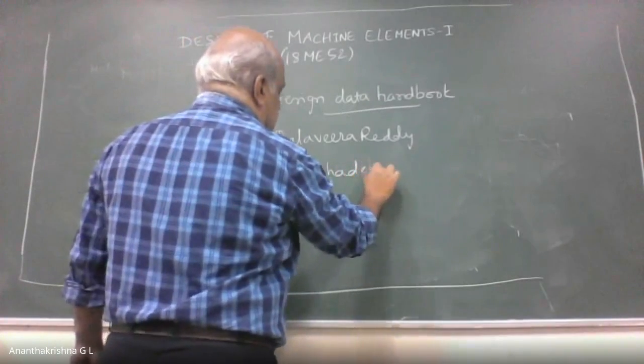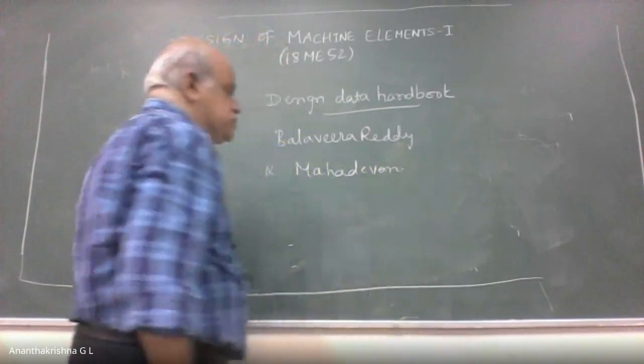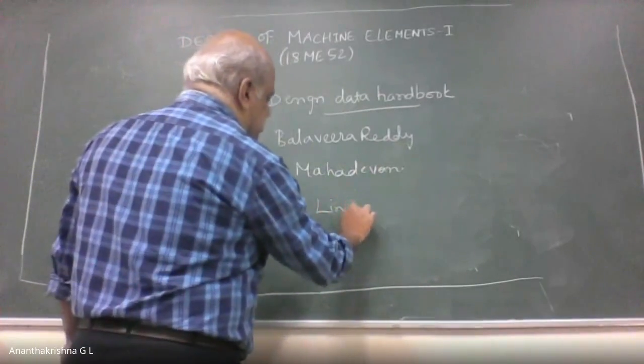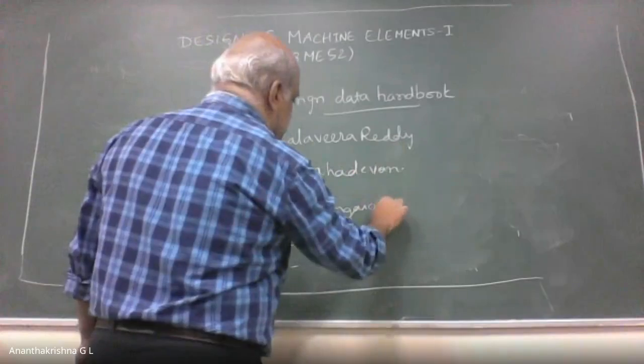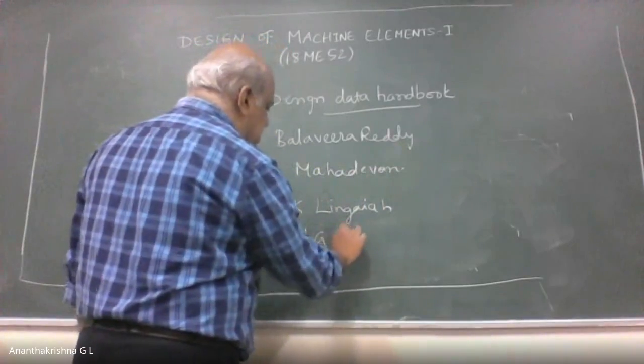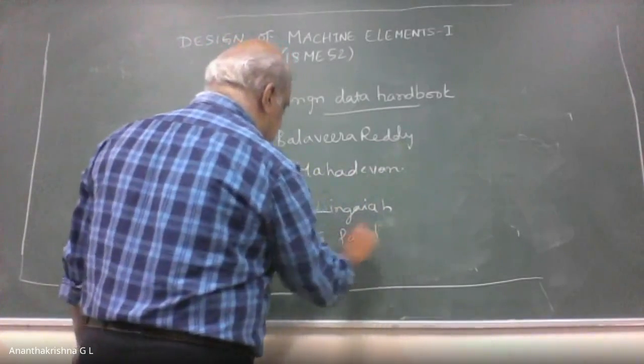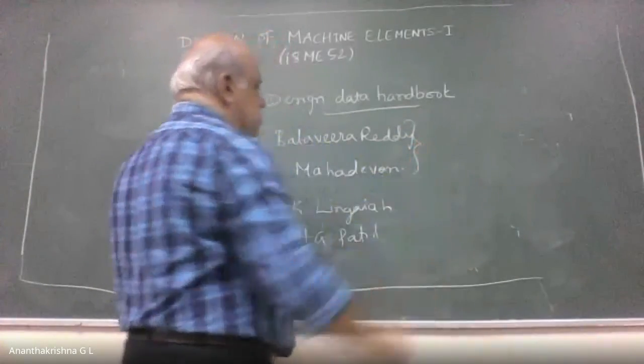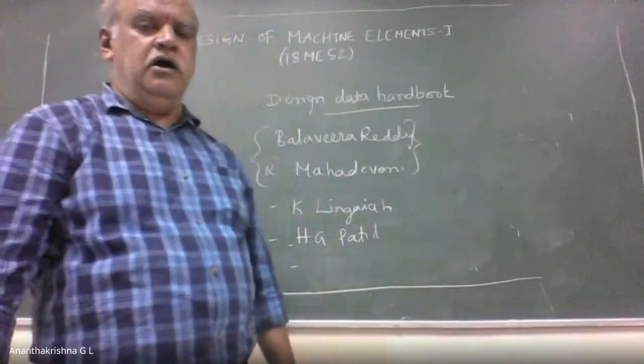And there are other books by Professor K. Lingaya, a data handbook is there. And then we have got H.G. Patil, and then we have got PhD textbook also. But what we use essentially is Balveera Reddy Mahadevan in our design.